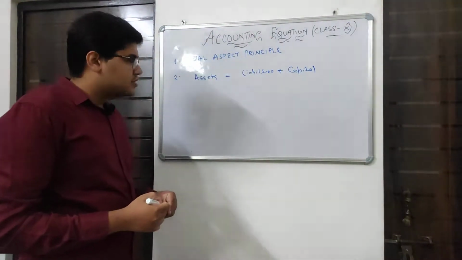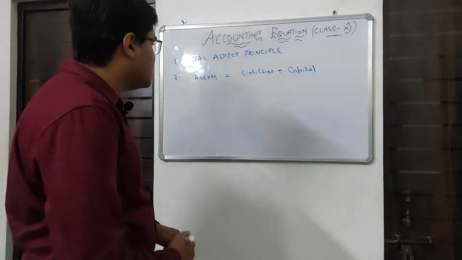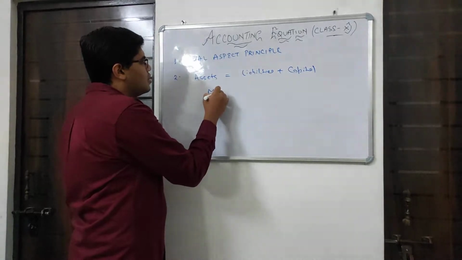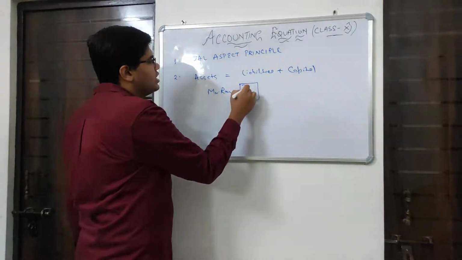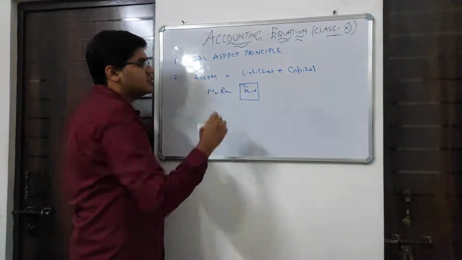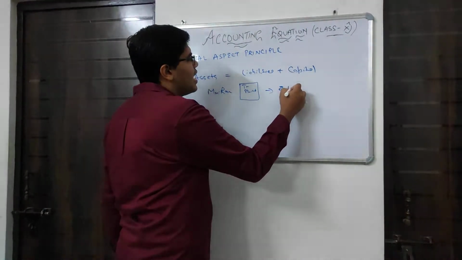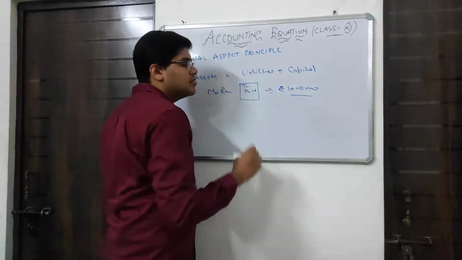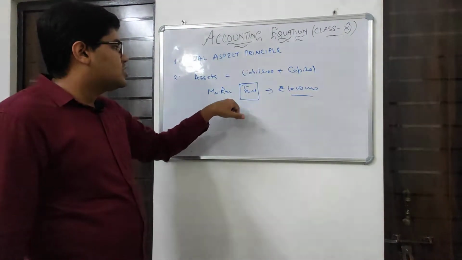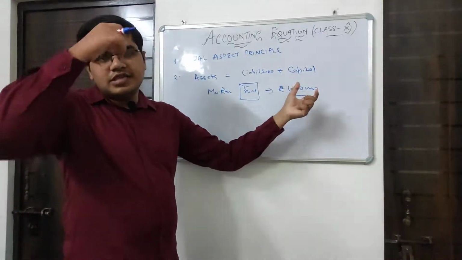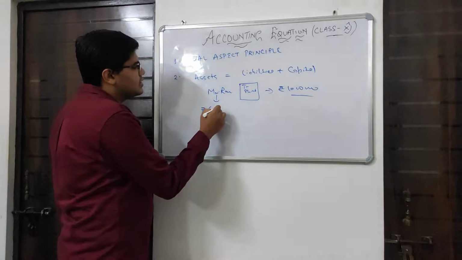Now to illustrate this equation, let us take a practical example. For example, Mr. Ram has to start a business of t-shirts and he needs rupees 10 lakh to start the business. But Mr. Ram has in his pocket rupees 6 lakh.